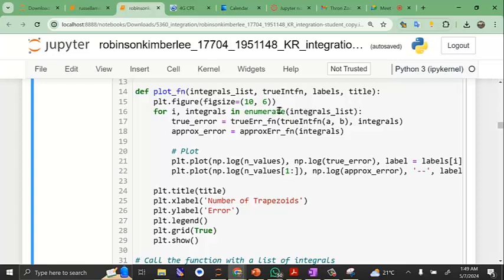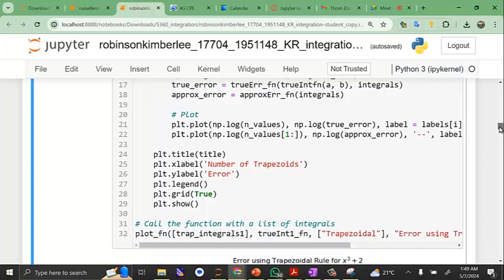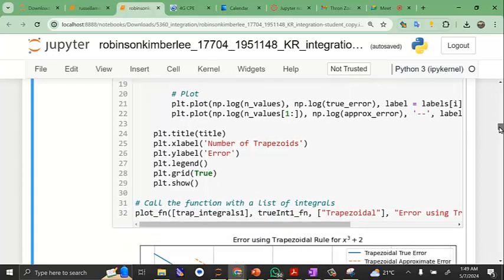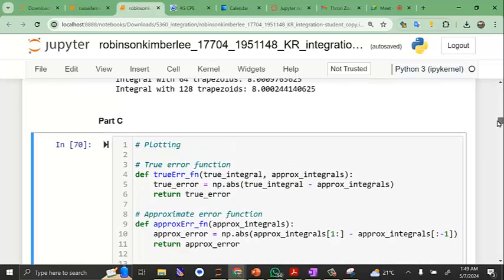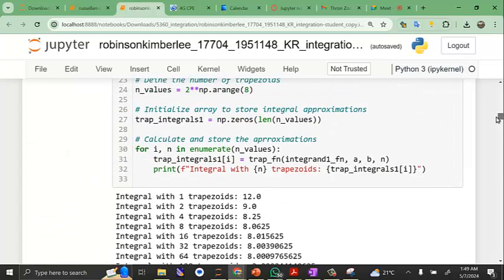Let's see. Integral list. Integral list is just a, well, is it a list of? Well, let's see what it is. I think you probably don't even need a list there. So trap integrals 1. Let's look and see what is trap integrals 1.